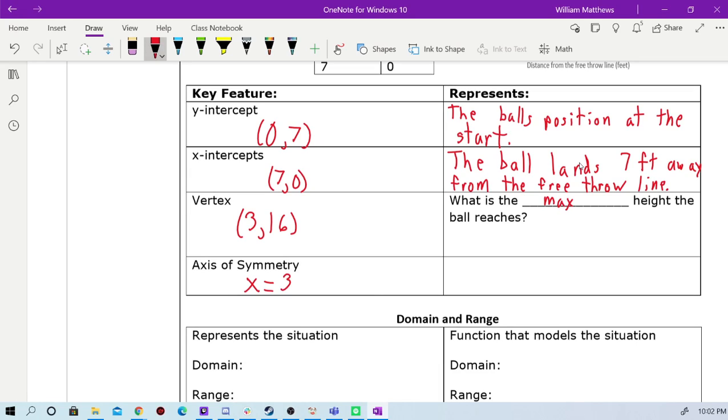So what the axis of symmetry could mean is the ball starts to come down on its shot path.